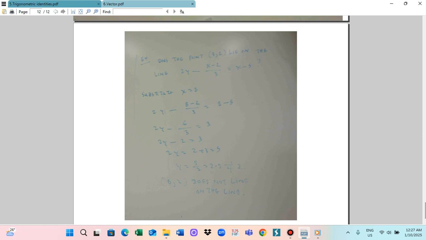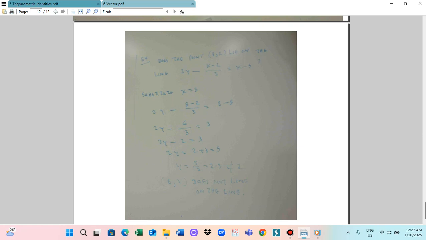To justify, you substitute the given h value, and if you get the given y value, then the point lies on the line. So we substitute h equal to 8. So 2y minus (8 minus 2) divided by 3 is equal to 8 minus 5.